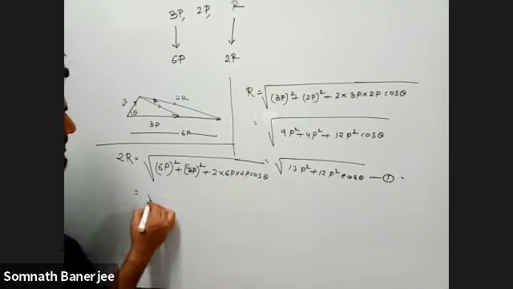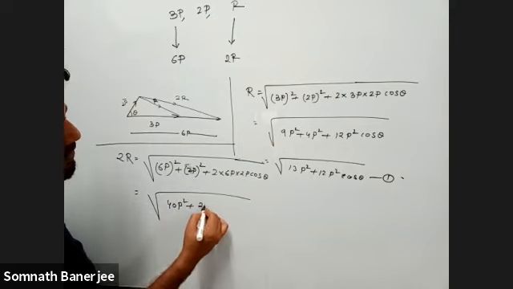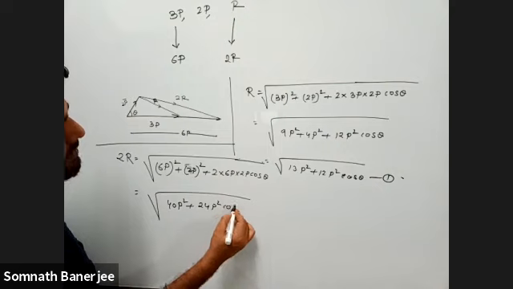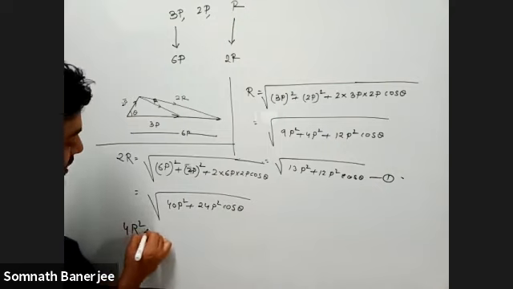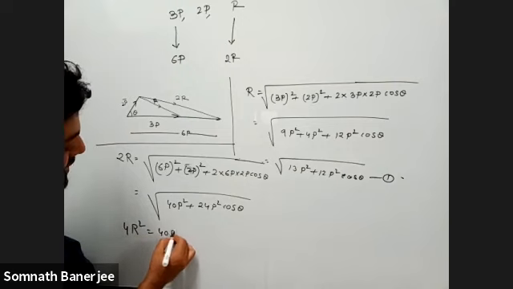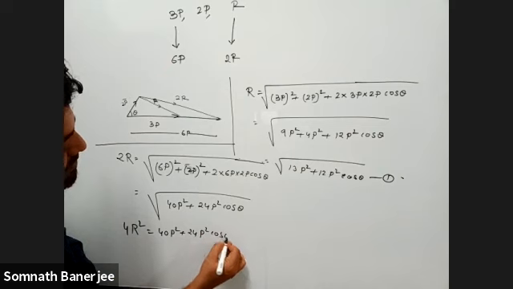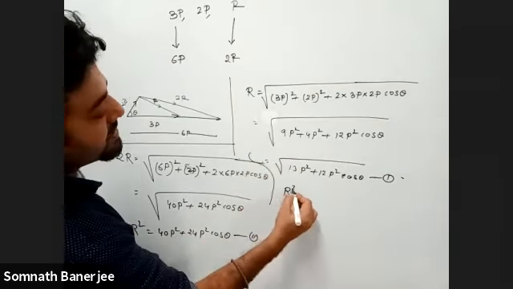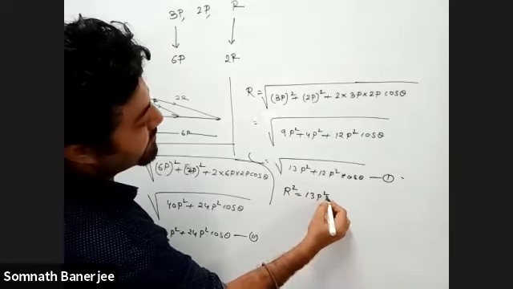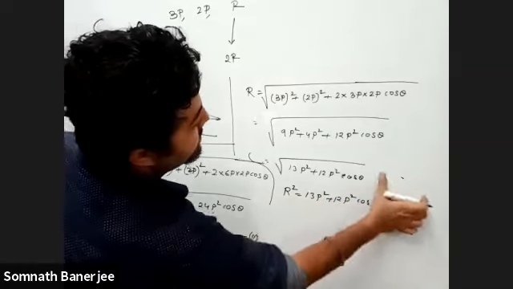So what we have is 40P square plus 24P square cos theta. Can we square it? 4R square equals 40P square plus 24P square cos theta. And R square is 13P square plus 12P square cos theta.